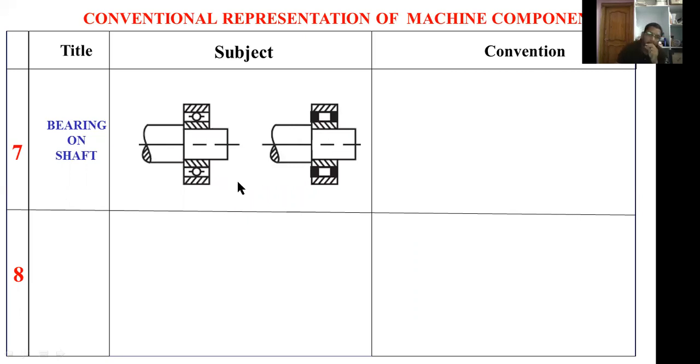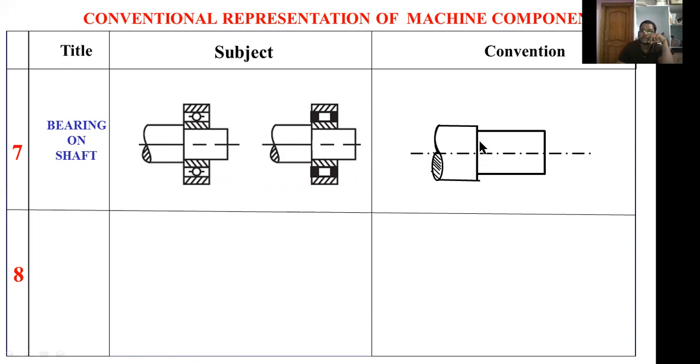Whatever it may be, here I will show how to represent a bearing on a shaft. First you have to draw a shaft. This is the main shaft for mounting the bearing.